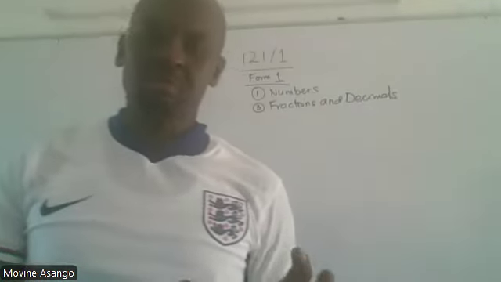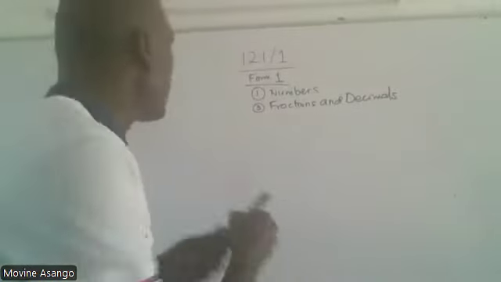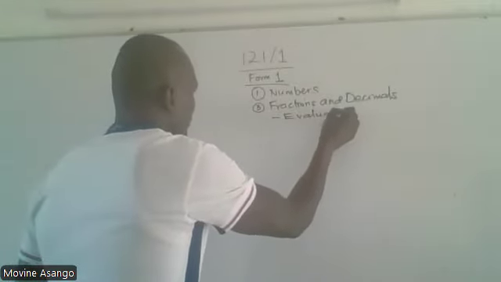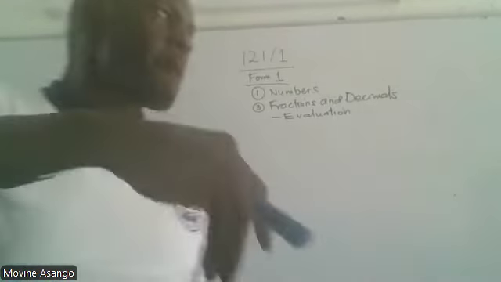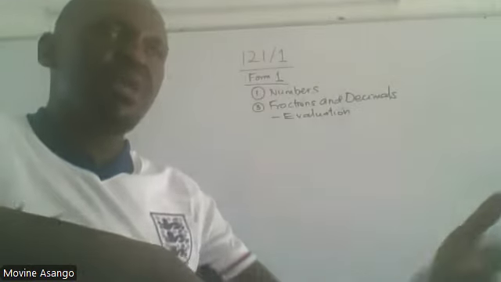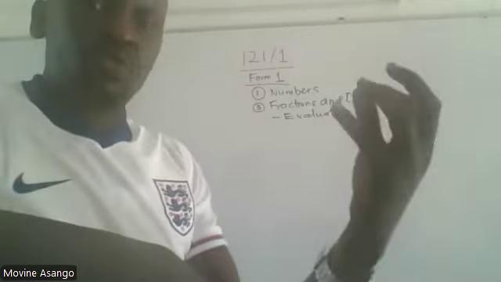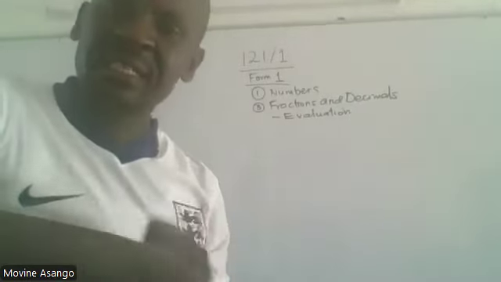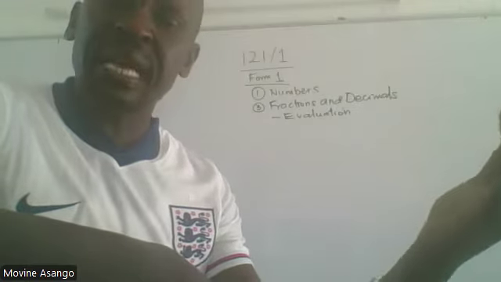Now, when we talk about fractions and decimals, we are looking at one evaluation. Here, you must learn to simplify your final answer. For example, if you are asked, without using a calculator, evaluate, and the question involves fractions, the evidence that a calculator has not been used will be the LCM of the denominators.